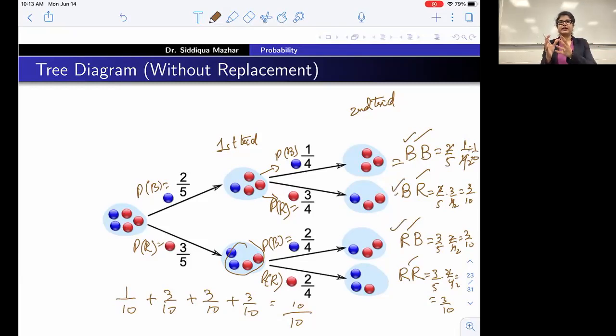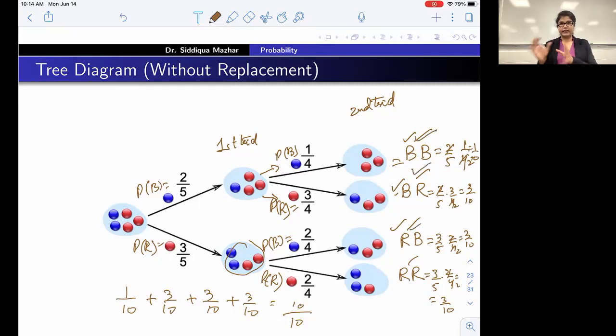I'm looking for the sequence. How many sequences? Do you understand my point, that blue, blue; blue, red; red, blue? This is the one sequence I'm talking about. If I ask you to find the probability of finding at least one blue, then you have to count those probabilities. So you have to add blue, blue; blue, red; and red, blue together.